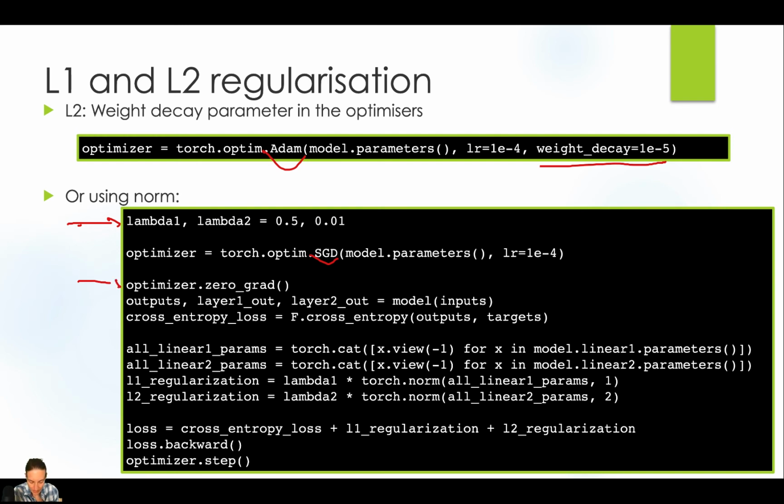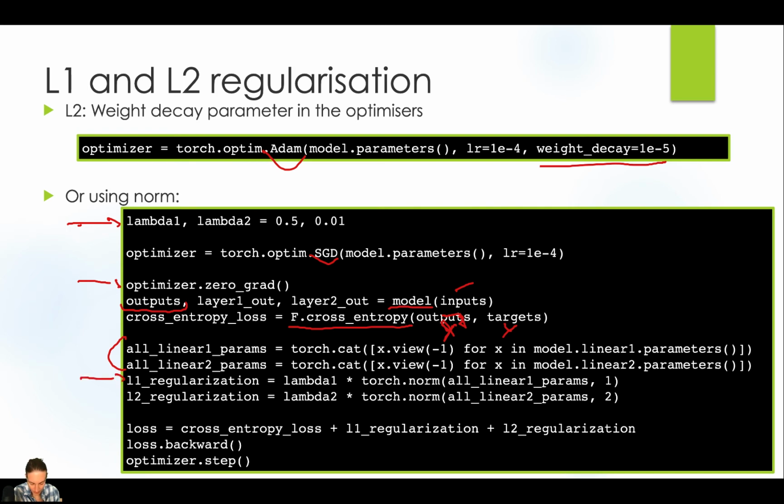We do a forward pass to get the outputs based on the model given some inputs. We calculate cross-entropy loss. So to calculate loss, we need the predicted y hat and the target y, the real labels. Then we retrieve all the parameters from the model, from layer 1 and from layer 2.